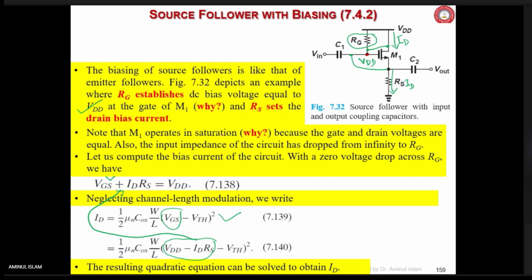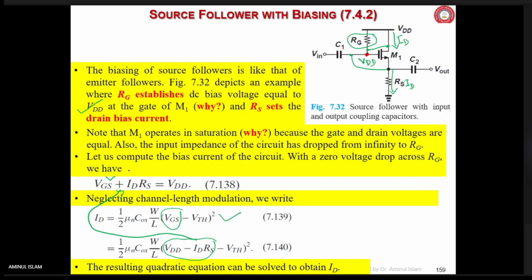Note that M1 operates in the saturation region. Do you understand why it is saturation region? Because drain and gate are tied together. It is diode connected, because the voltage at the gate and drain are the same. Is it understood? Yes, sir.